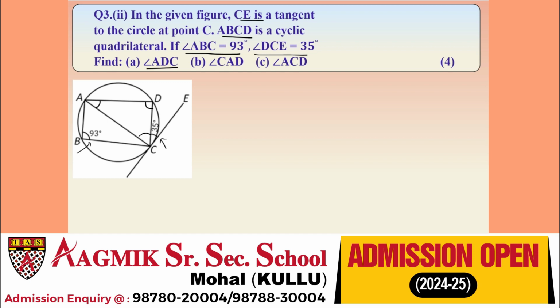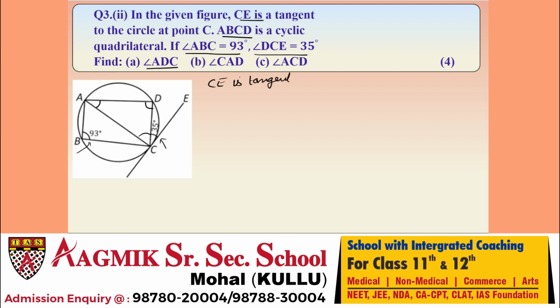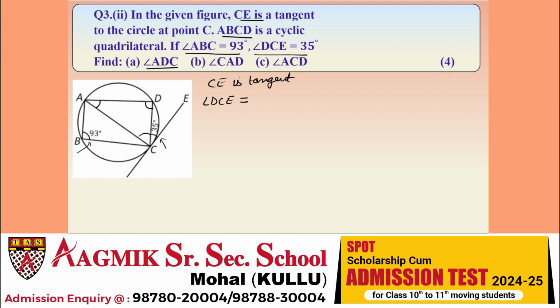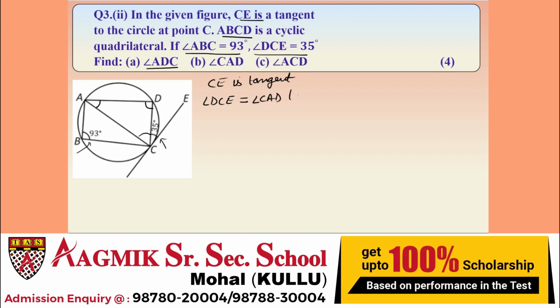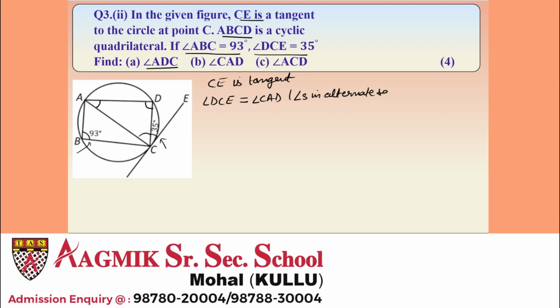Now look here, since CE is the tangent, then this implies angle DCE would be equal to angle CAD, because these are angles in the alternate segment.